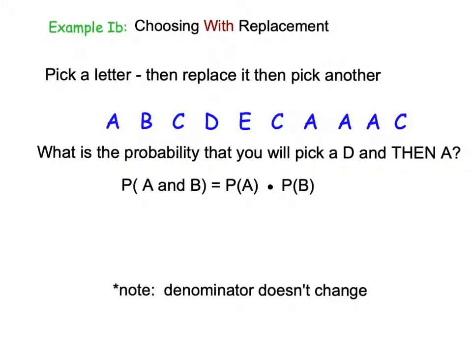The probability of choosing an A from this list is 4 out of 10. The probability of picking a B is 1 out of 10 because I replaced the original A. Multiplying these probabilities together, you get 4 out of 100, or 1 out of 25.